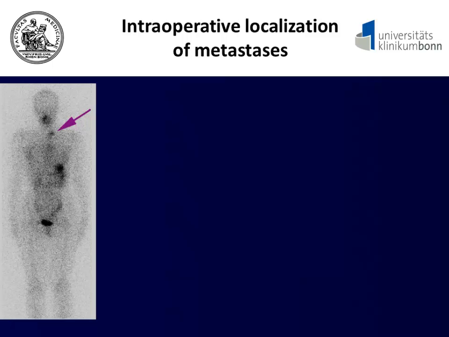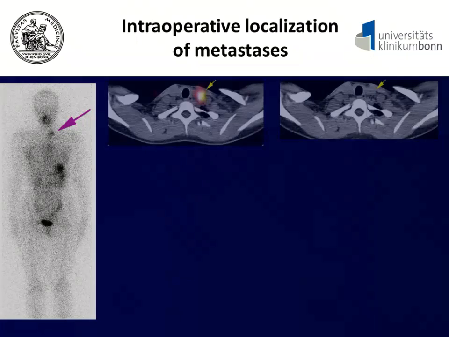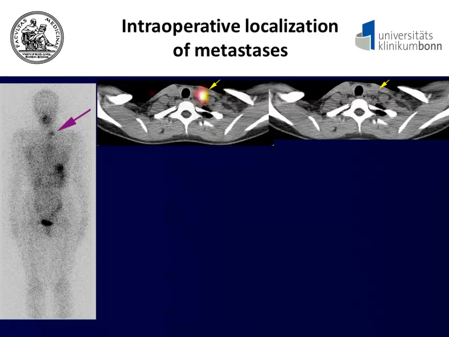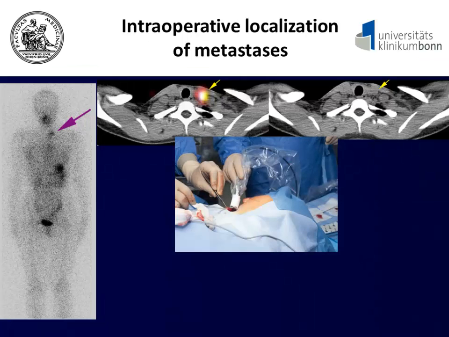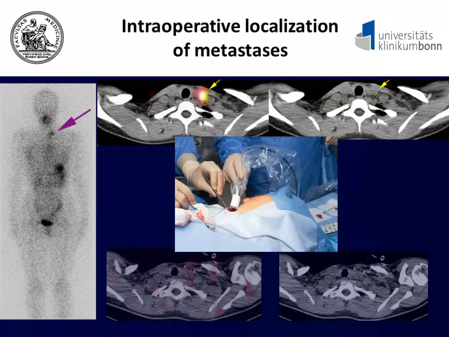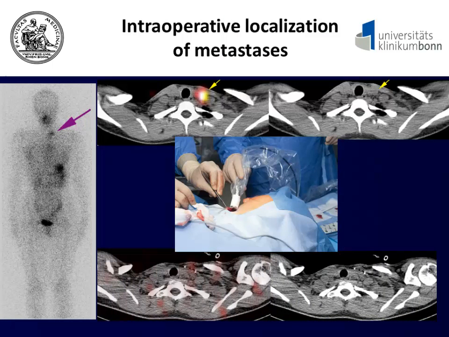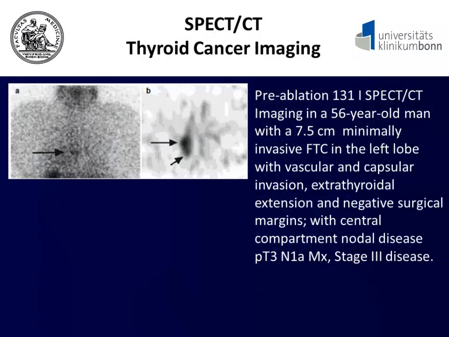Therefore, we performed a SPECT CT to localize the accumulation. After that, we sent the patient to our ENT unit for an operation under gamma probe. We could find the lymph node. 24 hours later, we performed SPECT CT again to confirm the operation's success.